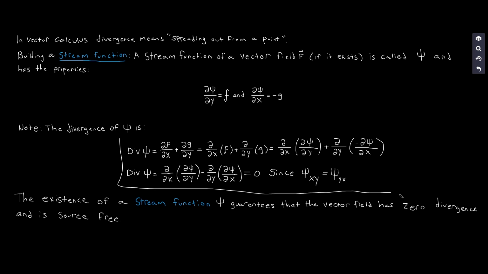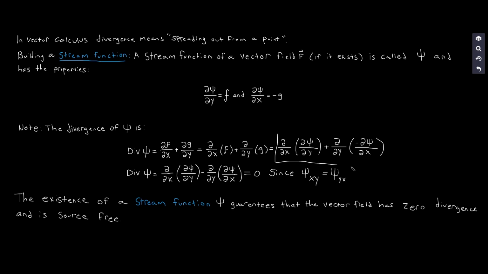If you want to take a look at this here, we have the divergence of F equals the partial derivative of f with respect to x plus the partial derivative of g with respect to y, and it's just sort of changing orientations here.